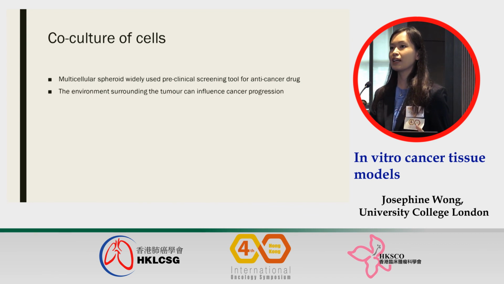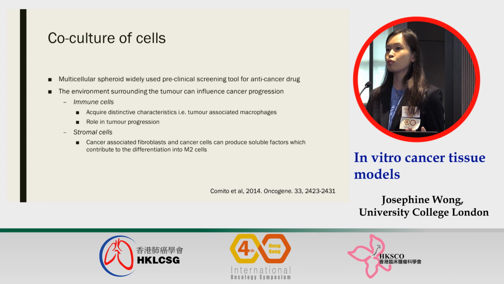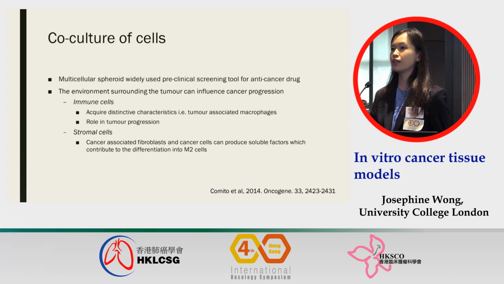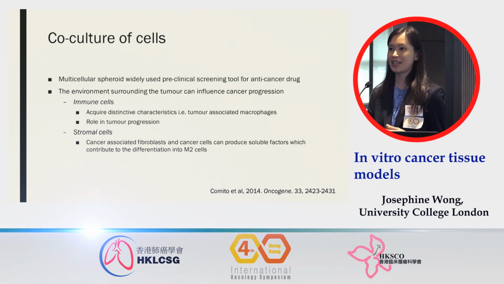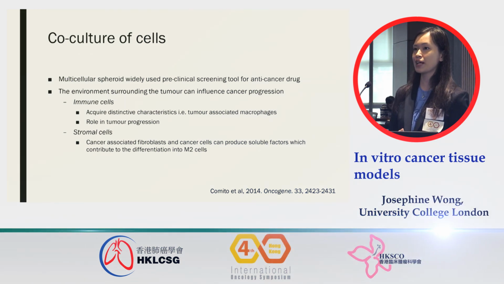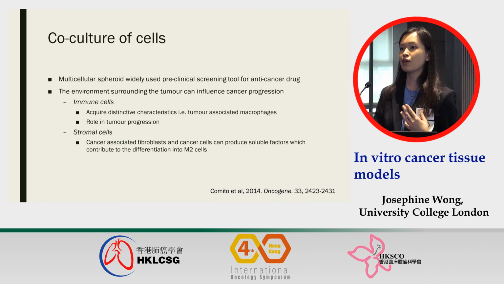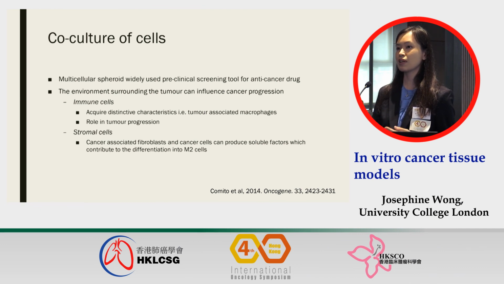Another interesting aspect is to co-culture cells. Multicellular spheroids are already widely used in preclinical screening, and they know that the co-culture of cells will interplay on how the cells react to drugs. So here, another thing you could study is how the immune cells and stromal cells interact with each other.